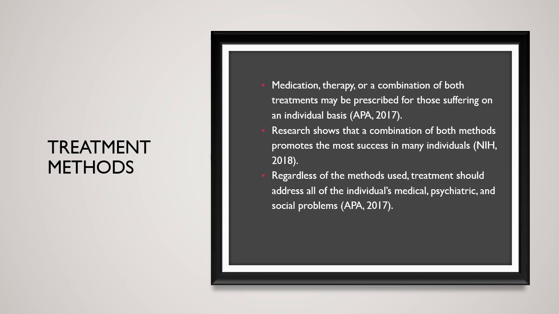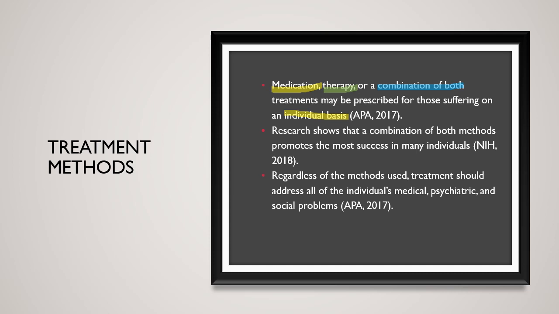So one method is medication, one method is therapy, or they might use a combination of both. And these methods are prescribed on an individual basis, which means that depending on each case, the health professional working with the person suffering from substance use disorder may prescribe medication, therapy, or both, based off of their particular needs and their own circumstances.